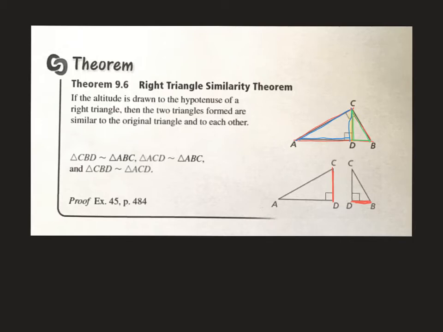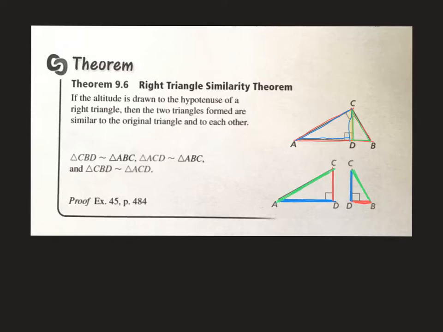So essentially those 2 would be the corresponding sides. And then CD is the next longest side, which is going to correspond to AD in the other triangle. And then our 2 hypotenuses, so CB and AC.